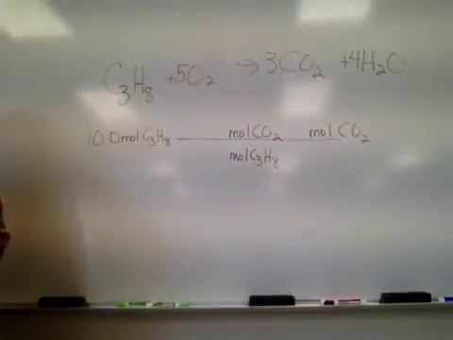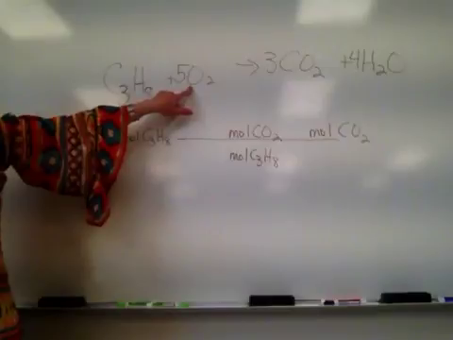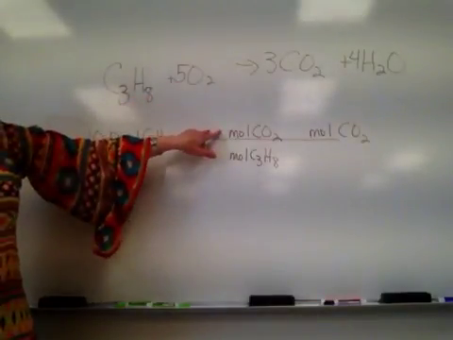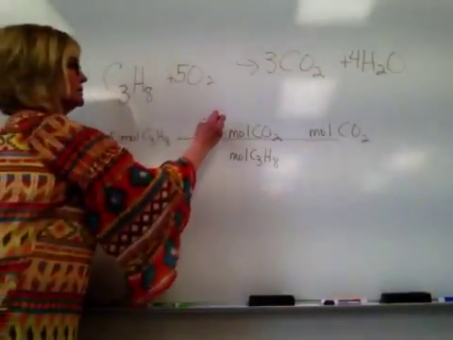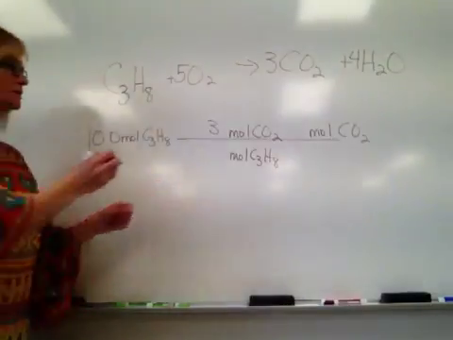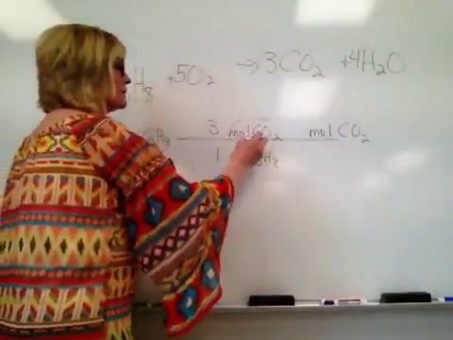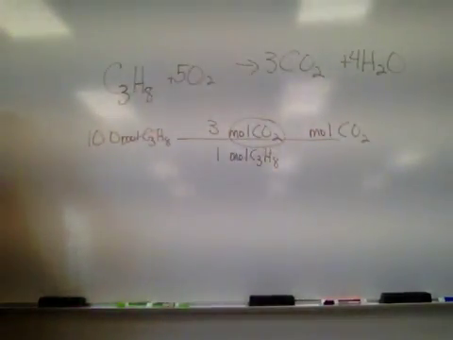And to do that, I need a mole ratio from my balanced equation. In my equation, how many moles of carbon dioxide are formed? 3. How many moles of propane are used? 1. This cancels. That's what I'm looking for. So I am done setting things up.